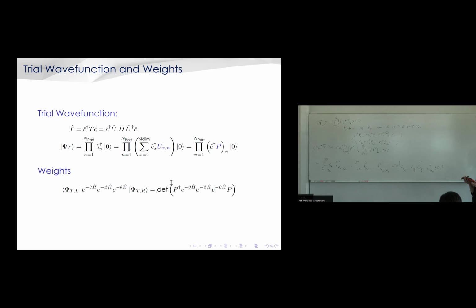Y bars are the permutation of whatever? Yeah, exactly. The y and y bars need to be a permutation of each other.